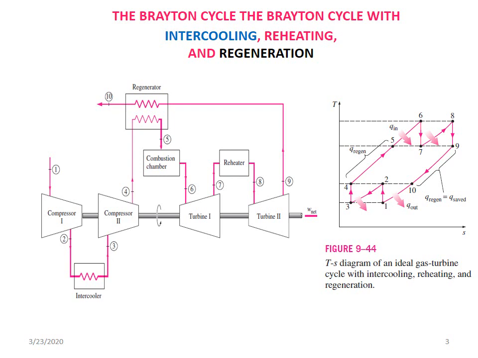The gas enters the first stage of the compressor at state 1, is compressed isentropically to an intermediate pressure P2, and is cooled at constant pressure to state 3. Here T1 is equal to T3.